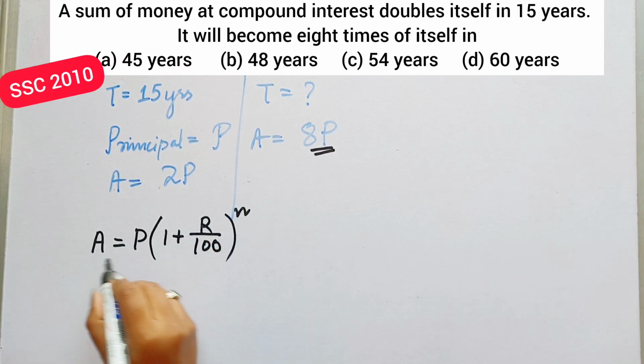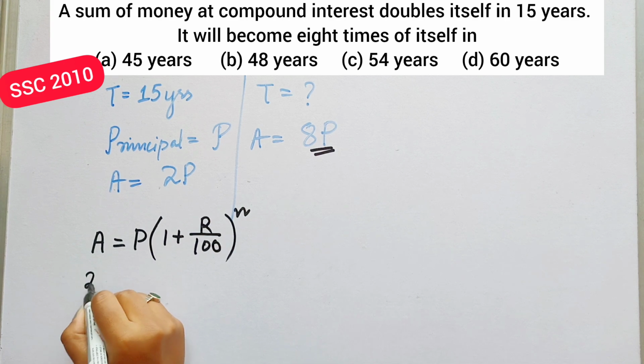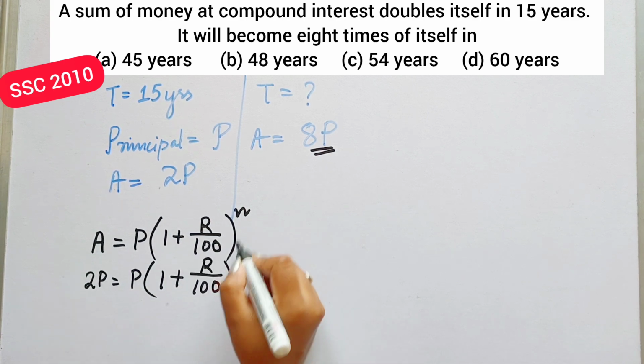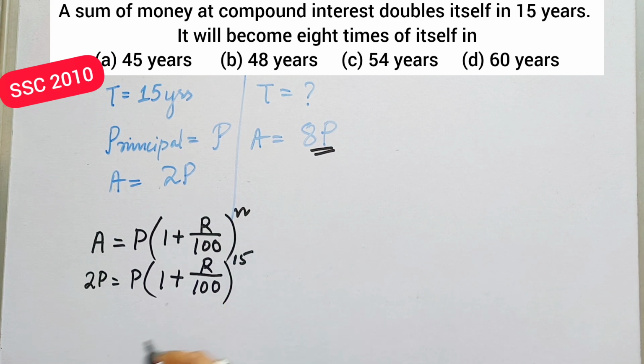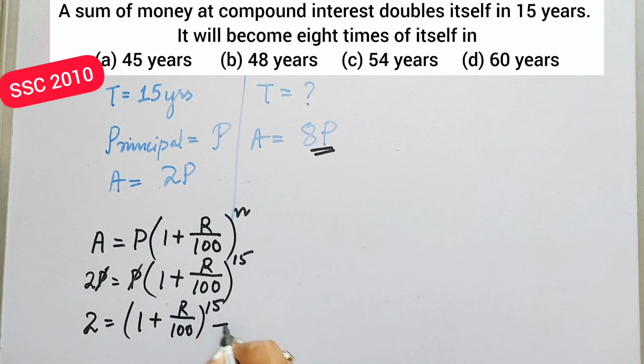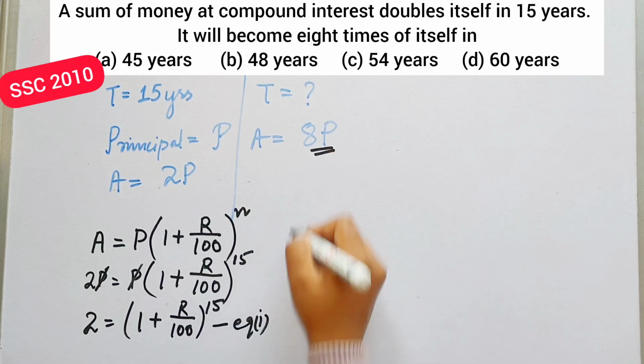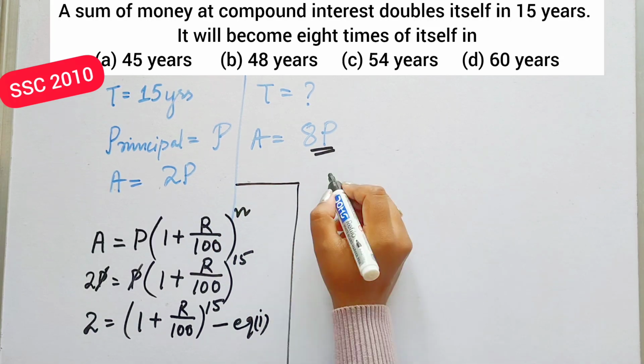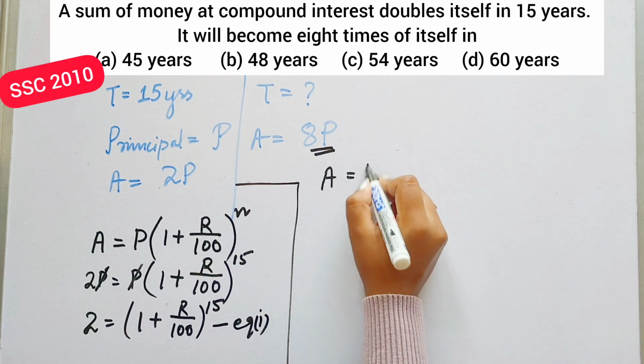So amount is 2P in the first case, equals P whole 1 plus R by 100, and n is 15 years. From here P and P get cancelled, and 2 equals 1 plus R by 100 to the power 15. Let us take this as equation 1. Now next we will move forward for 8P. At what time will the amount be 8P?